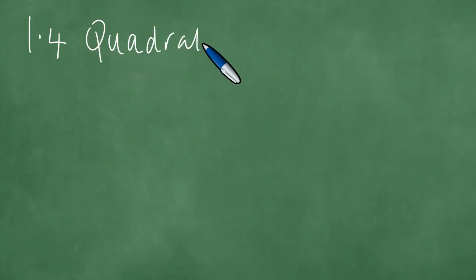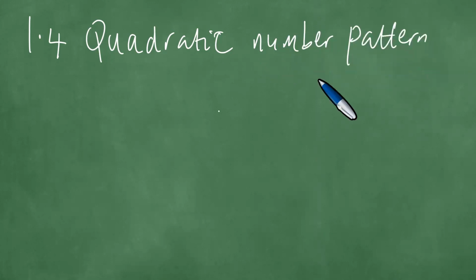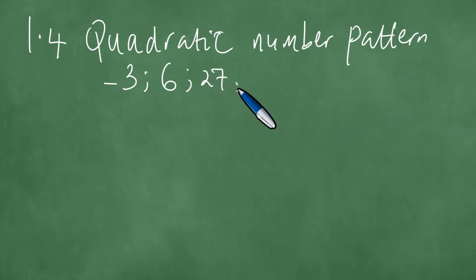The quadratic number pattern is -3, 6, 27, and 60.